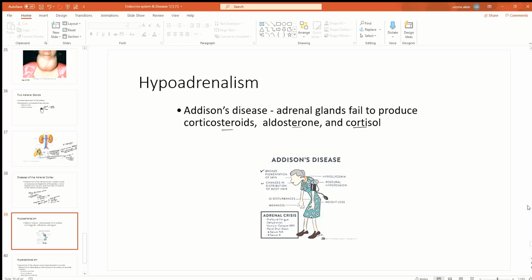Distribution of body hair here is different than a normal person. Gastrointestinal tract disturbances and pain, weakness, fatigue, those I mentioned, weight loss I mentioned, right? Another thing that happens, we see that the blood pressure drops when you change the body position.